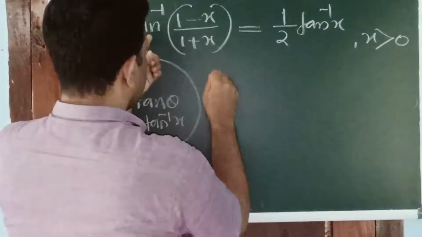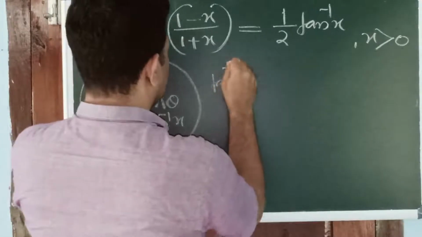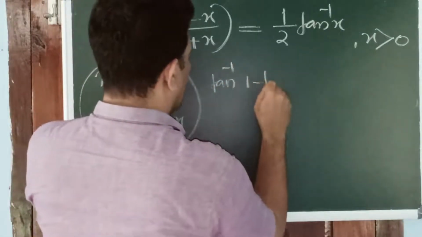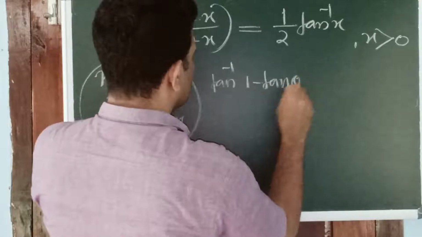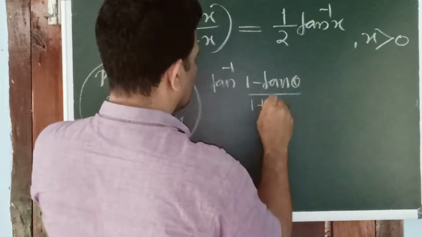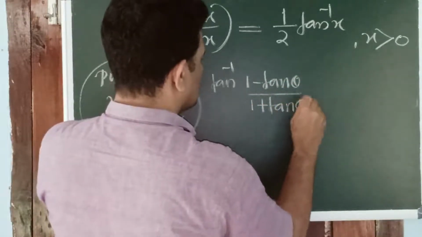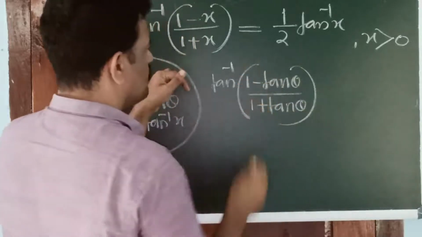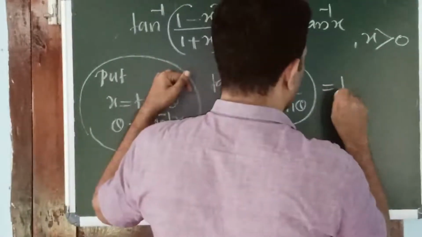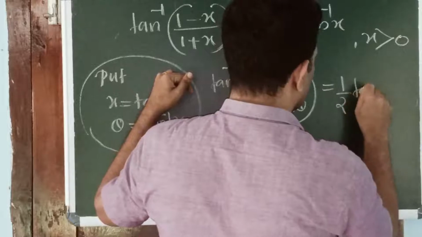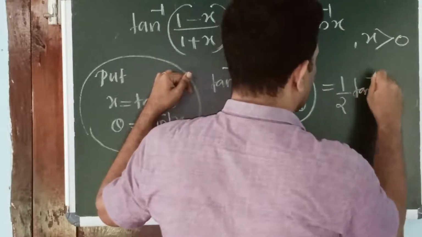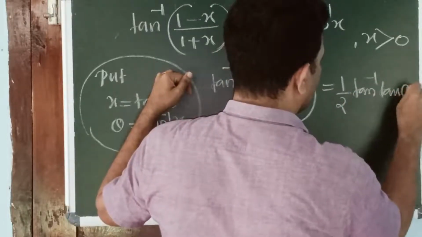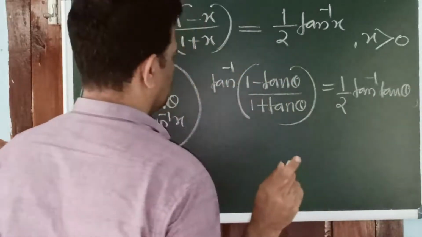Now this equation becomes tan inverse of 1 minus tan theta divided by 1 plus tan theta equal to 1 by 2 into tan inverse tan theta, which is directly theta.